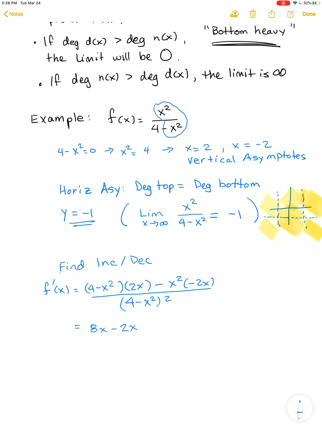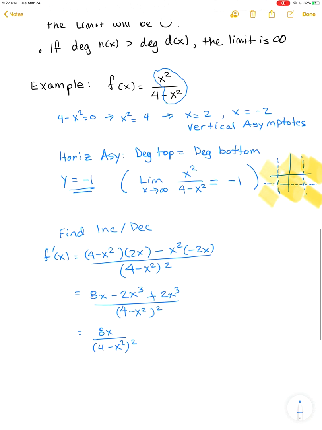I'll have 8x minus 2x cubed plus 2x cubed all over 4 minus x squared, squared. So the 2x cubes are gone. My derivative looks like this. So notice that the derivative is going to be 0 only where the top is 0. And that's at x is 0.